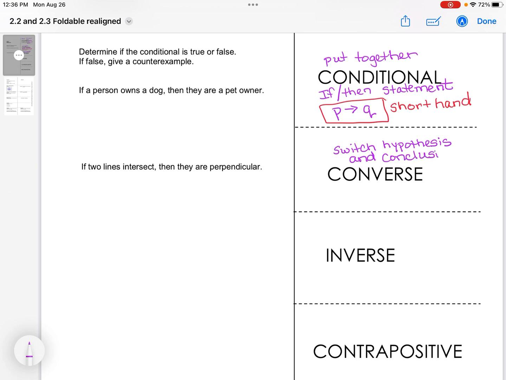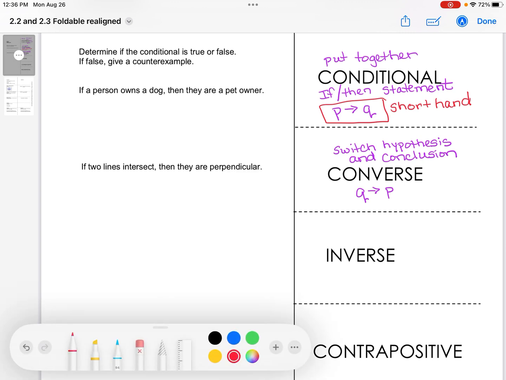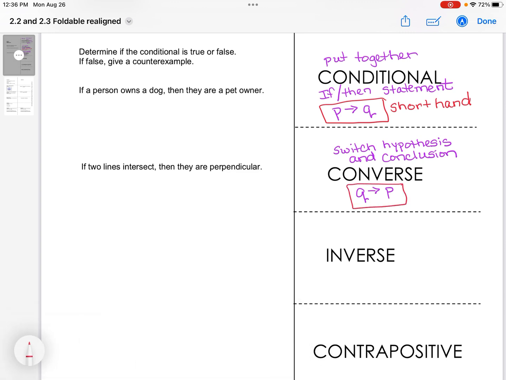So if a conditional statement is P then Q, then if we switch them, we're going to have Q first and P second, okay? So notice that these switch around.